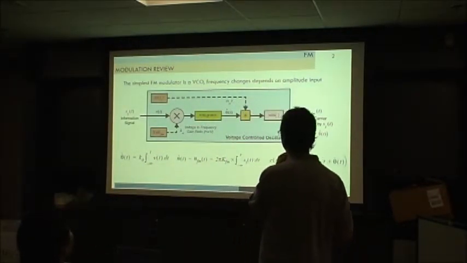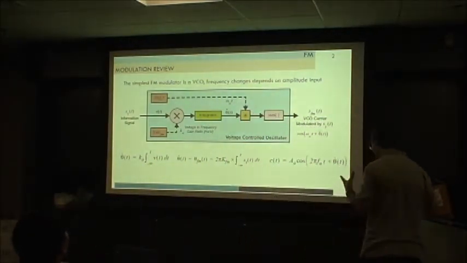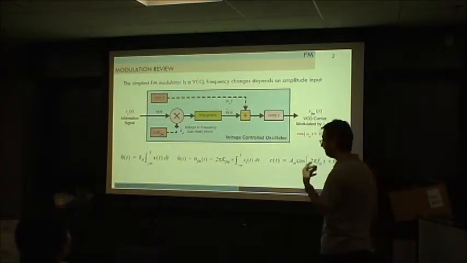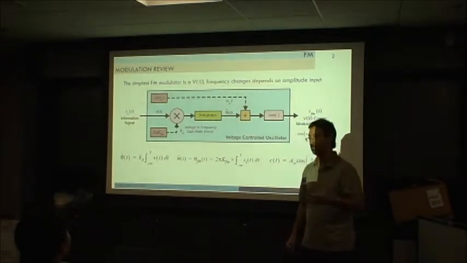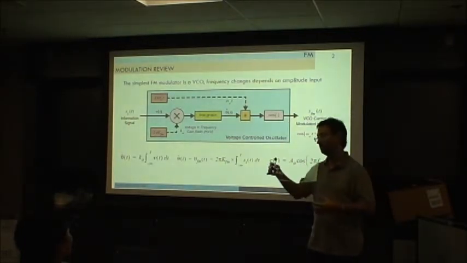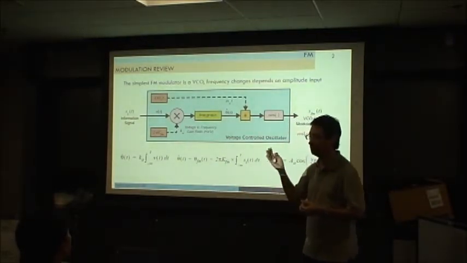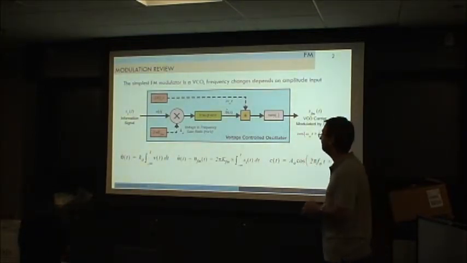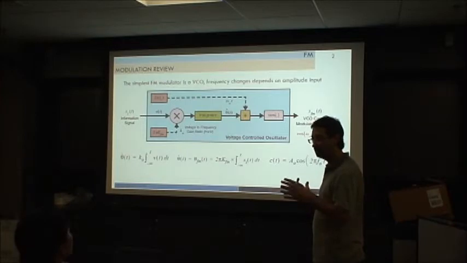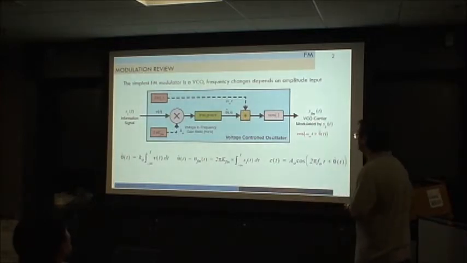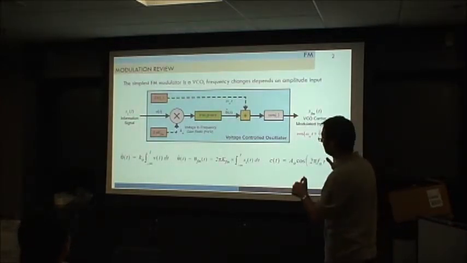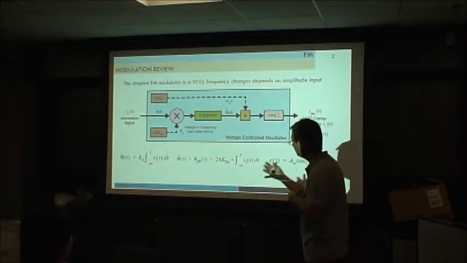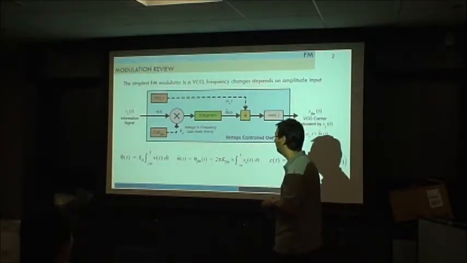Let's start with FM. So basically, a VCO, if you think about it, could be thought of as an FM modulator, because when we change the amplitude, it changes the frequency, and this is what FM does. Basically it modulates, changing the amplitude with changes in the phase. So that's why it's interesting to think about it, because this will help us with the modulation part of FM.